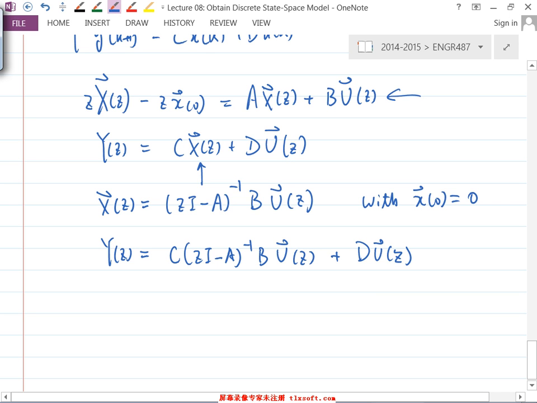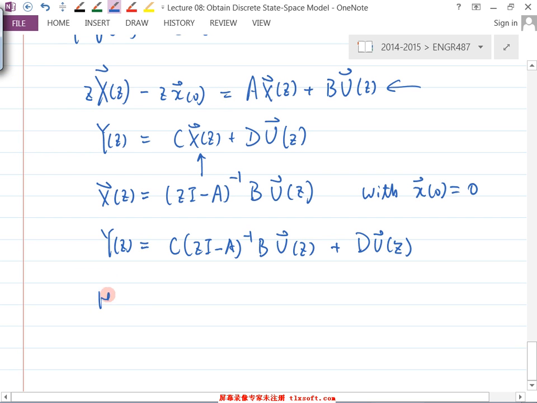Good. Okay, so now I have a common factor u of z here, which basically gives us a pulse transfer function, the ratio, which is c times zi minus a inverse times b plus d.